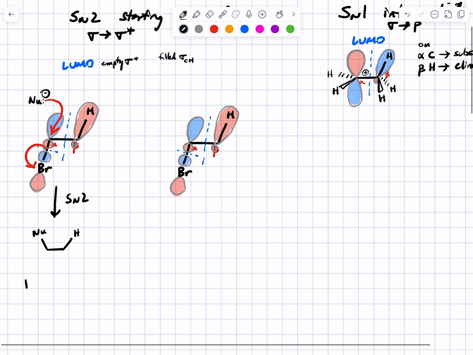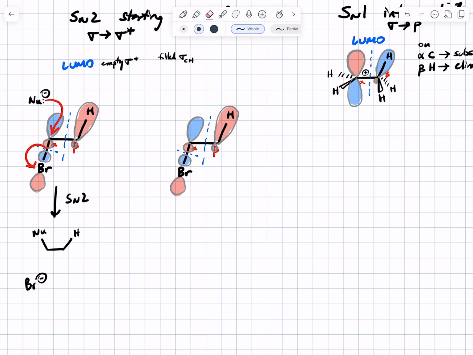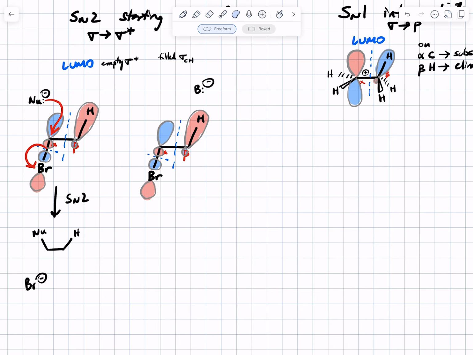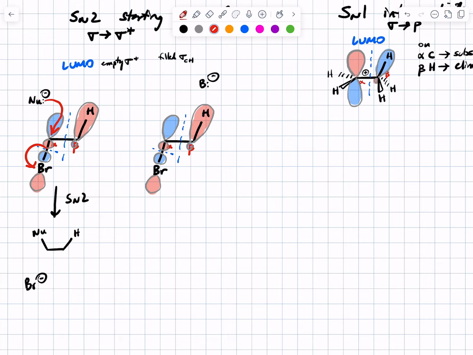But if instead the nucleophile or base attacks the beta proton, the carbon-hydrogen bond is broken. Electrons from that carbon-hydrogen bond dump into the sigma star to make a new pi bond, and the leaving group leaves.